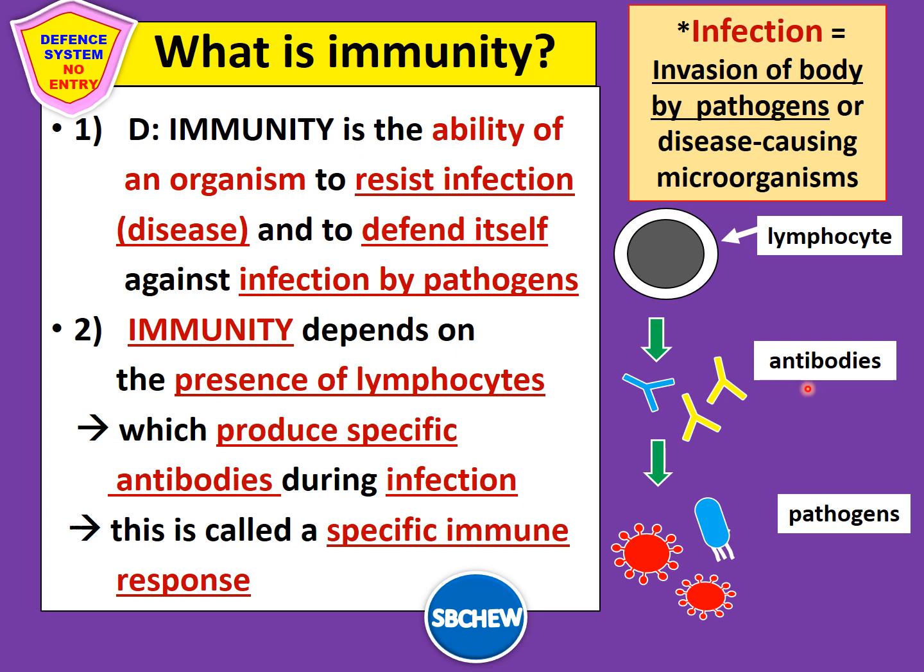See, the word antibodies means anti the bodies of the pathogens. And the antibodies will try to destroy the pathogens so that they cannot infect our body and cause disease. So a person with a strong immune system is one who is able to destroy pathogens that enter the body very quickly, and as a result, he will not fall sick.